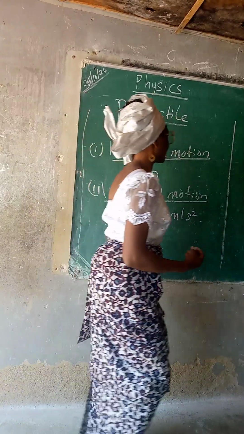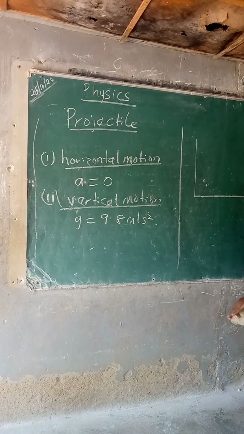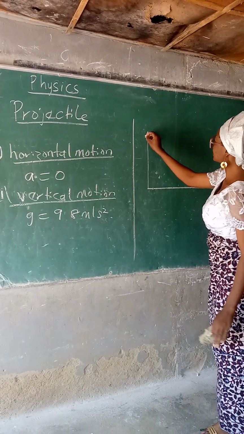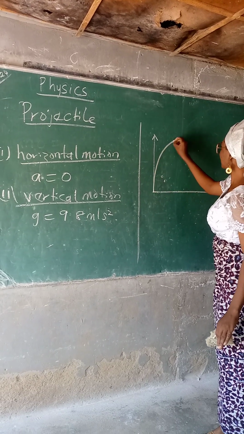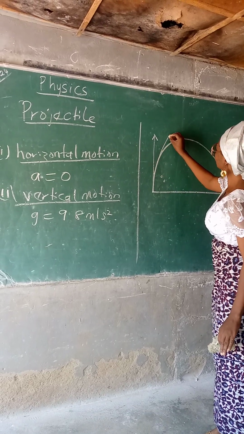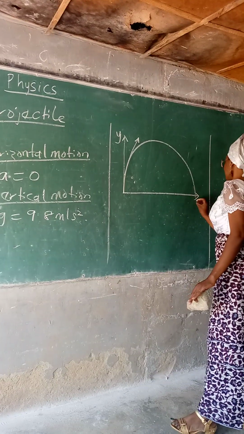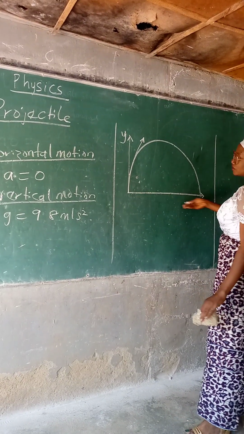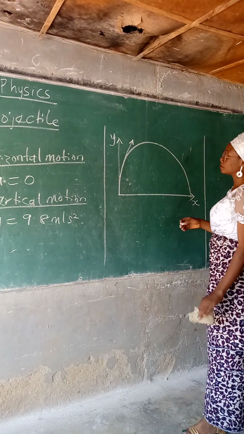So let's check out the diagram for a projectile. If we have this as our sketch, a body moving in a curved path. Let's say this is the Y and this is the X. This is the horizontal motion and this is the vertical motion.